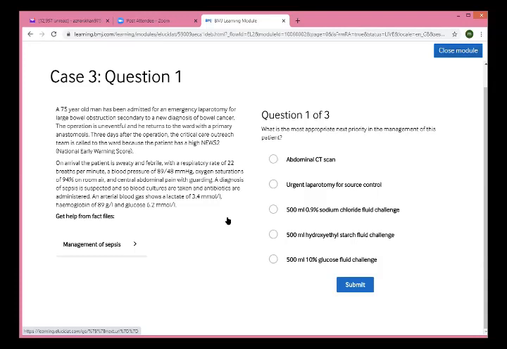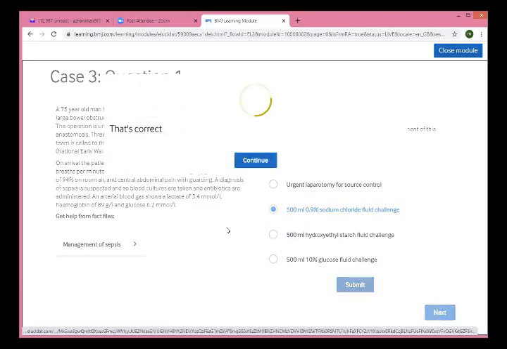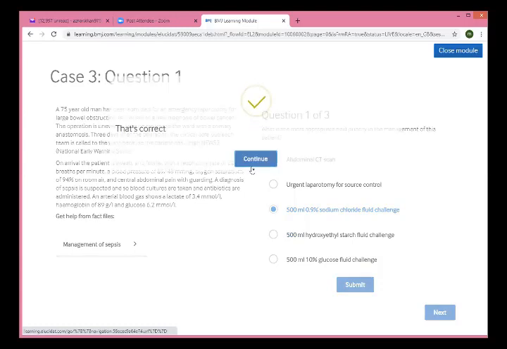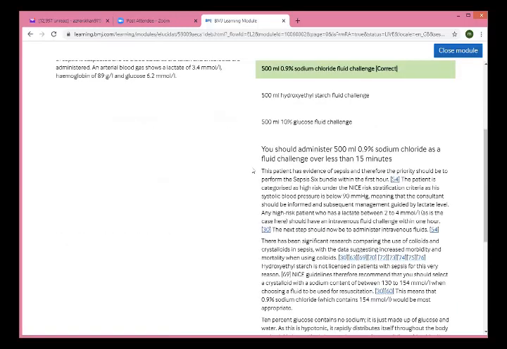So, you give a fluid challenge. The Sepsis 6 bundle pathway should be started.